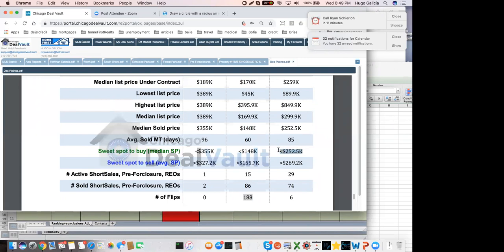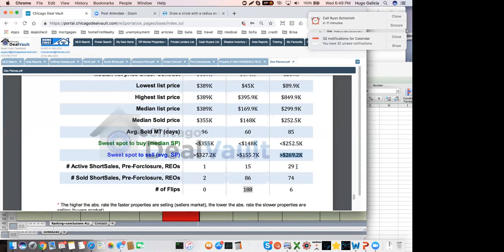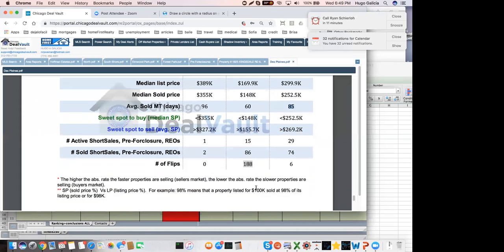So in this case, when we bought a property in Des Plaines, it was below 200,000, okay? It needed some rehab, but we bought it at a great price. So single family homes, you should be selling those after they've been rehabbed for over 270, okay? And they're gonna stay in the market for over 2.5 months. But right here, this is how we're able to identify hot markets in Des Plaines.